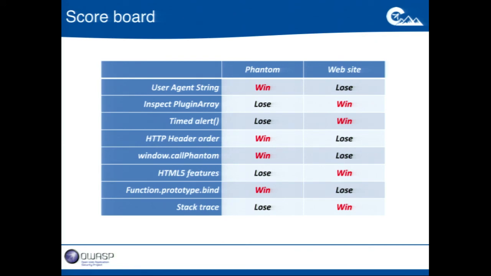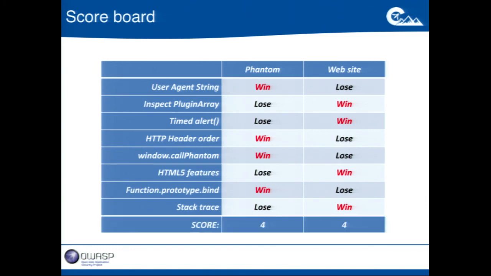Just draw some random elements on the canvas, get the data from it, and then hash the data. Techniques like that will perfectly detect Phantom.js. Now there are other ways to spoof them, but for now we have a score of 4-4.